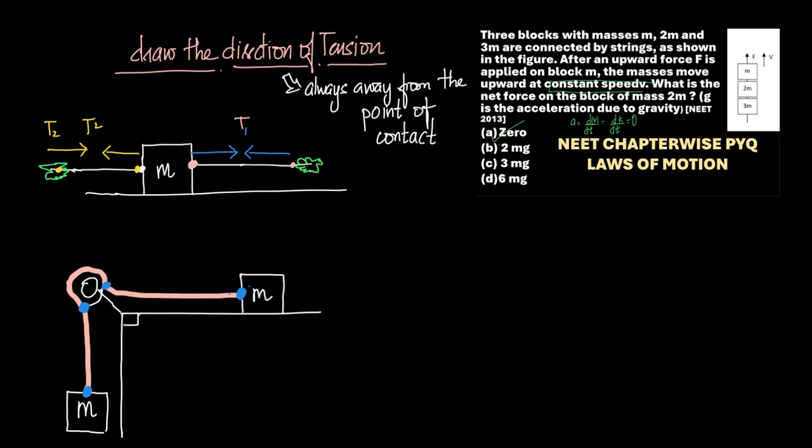So how do you draw the direction of tension? Away from the point of contact. Tension T, point of contact, away from it. Again, point of contact, away from it, tension T. So this is the logic behind drawing the direction of tension.